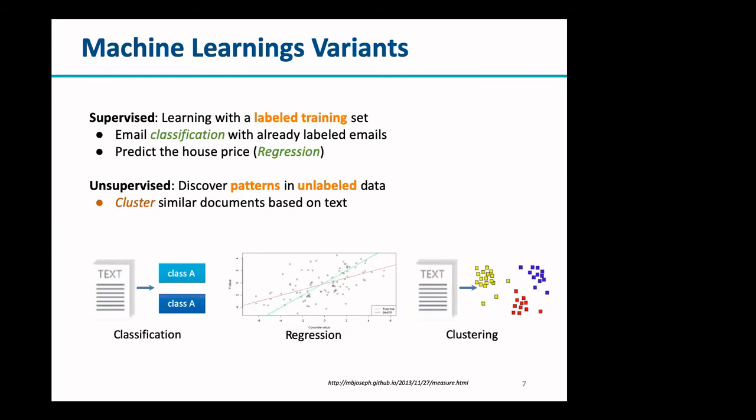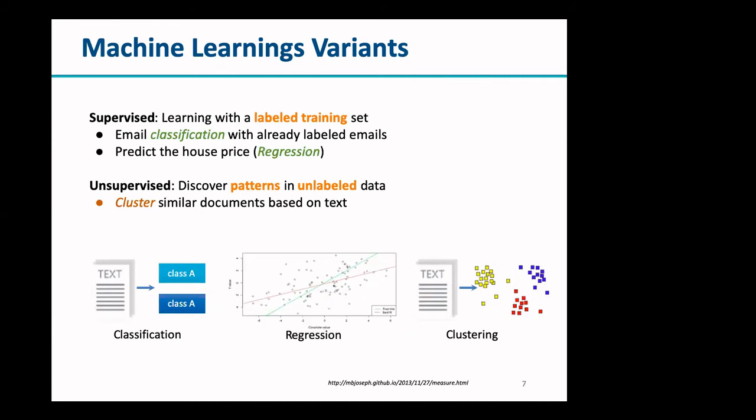And you can learn your model based on this spam and non-spam emails. After that, you can classify a new email into these two classes. We call this classification. So classification is a category of algorithm that falls into the supervised learning category.